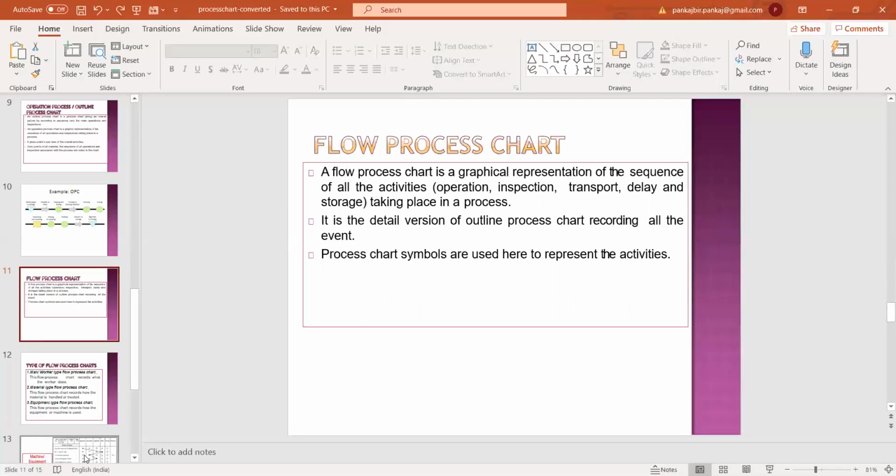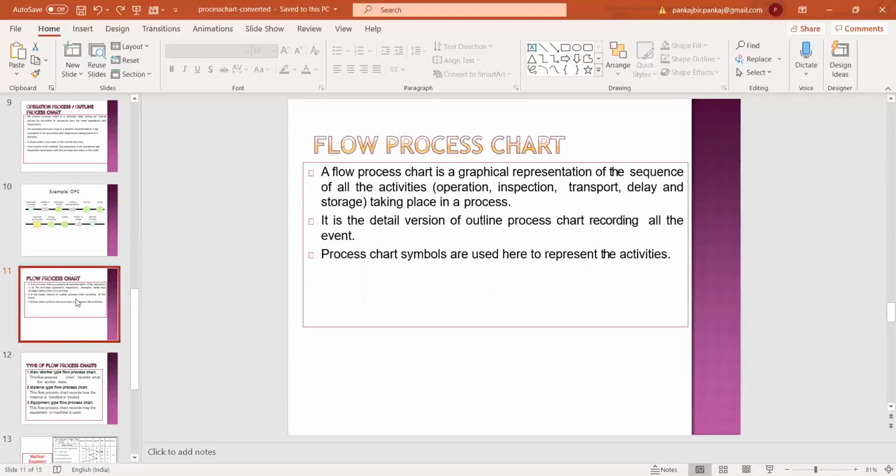So there is a difference between outline process chart and flow process chart: the outline process chart avoids shorter activities, which are irrelevant or less important, but in a flow process chart all important and non-important activities are shown in one chart.